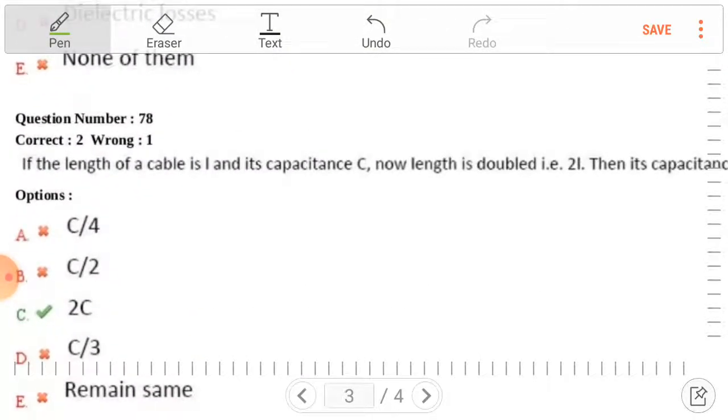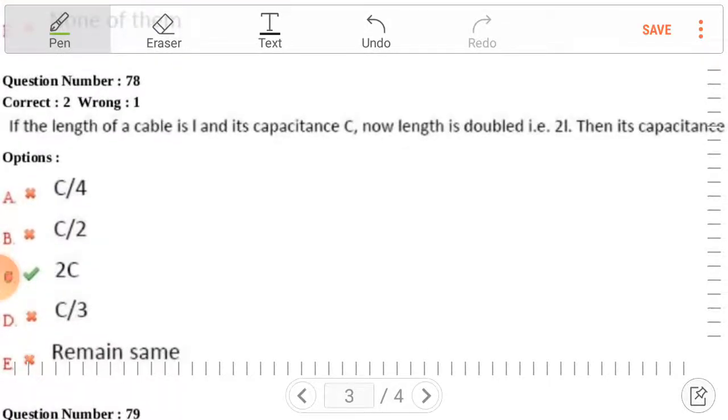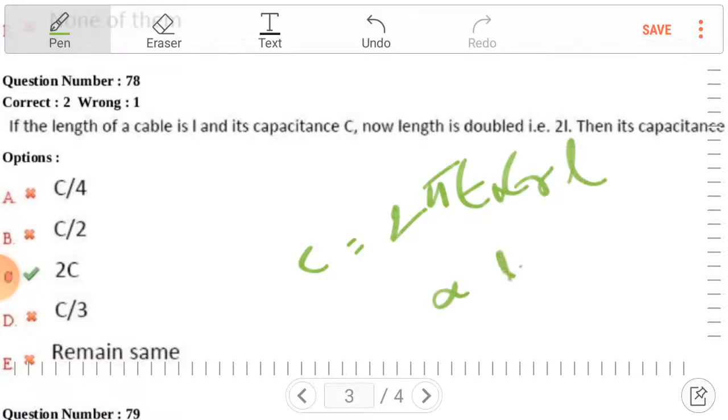If the length of the cable is L and its capacitance is C, and the length is doubled, what will the capacitance be?